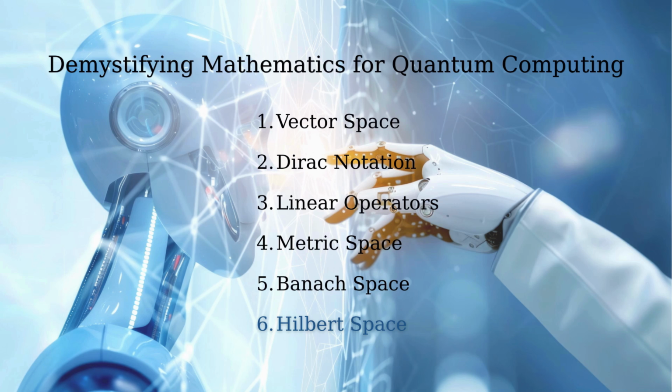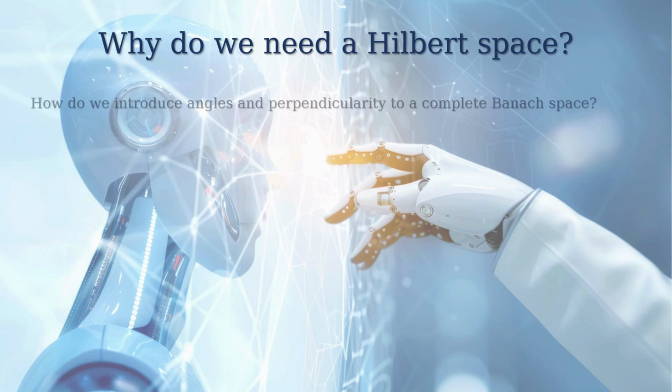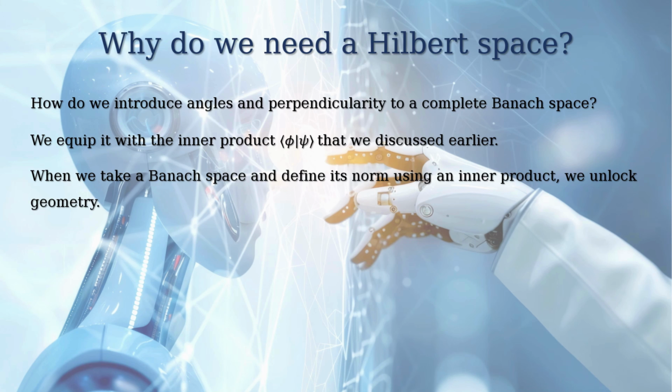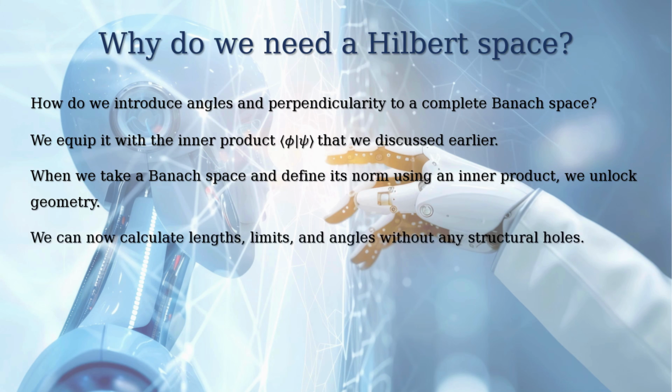Now, let's discuss Hilbert space. So, how do we introduce angles and perpendicularity to a complete Banach space? We equip it with the inner product that we discussed earlier. When we take a Banach space and define its norm using an inner product, we unlock geometry.